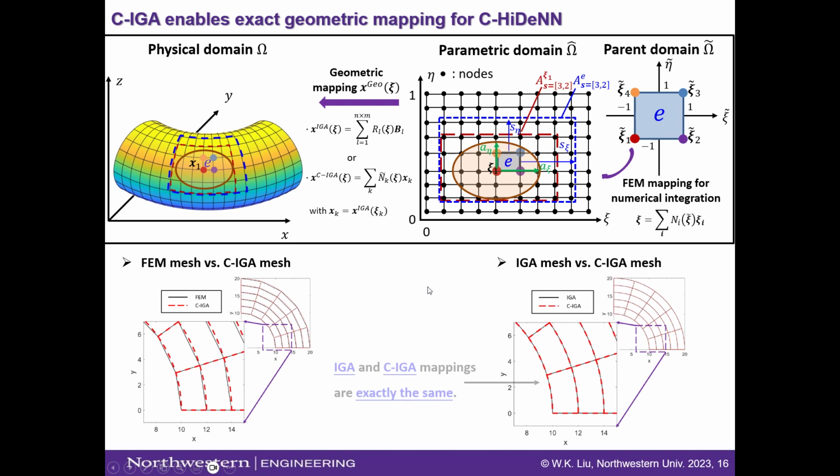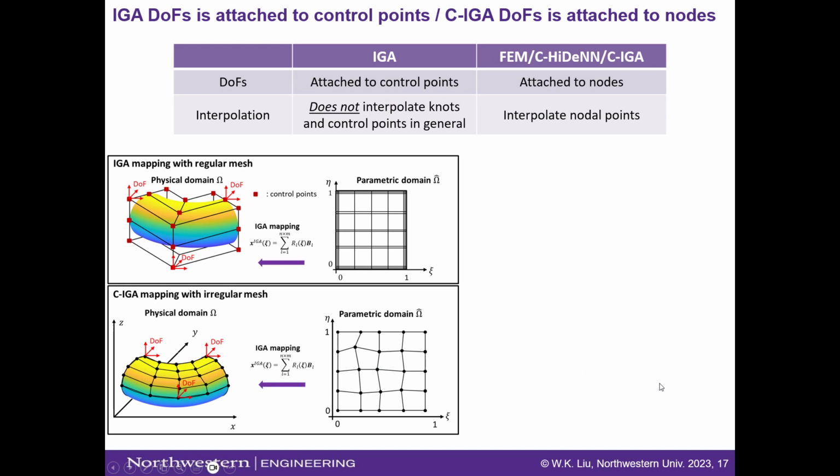So this illustrates the mappings of convolution IGA. If you look into these mappings, finite element has a linear boundary of element, but IGA and C-IGA are matched exactly. And if we compare C-IGA or C-HiDeNN to IGA, the key differences are the DOFs. In IGA, the degrees of freedom are attached to the control points. We call them control variables, right? But in FEM, C-HiDeNN, and C-IGA, they are all attached to the nodes.